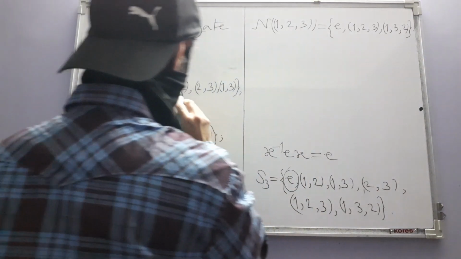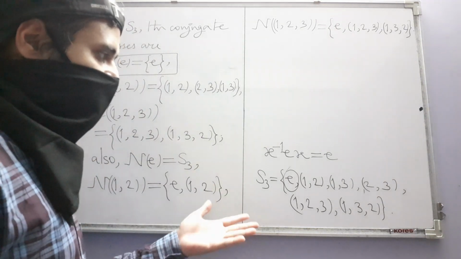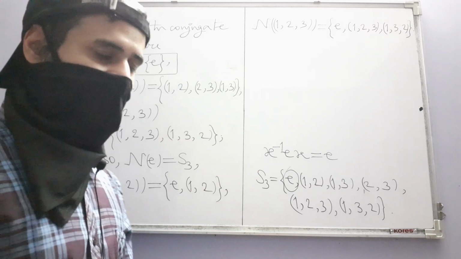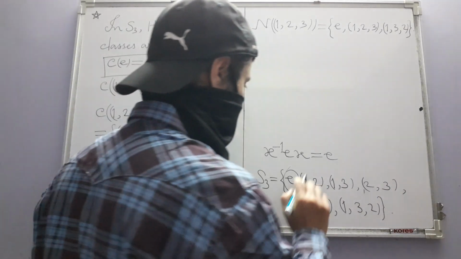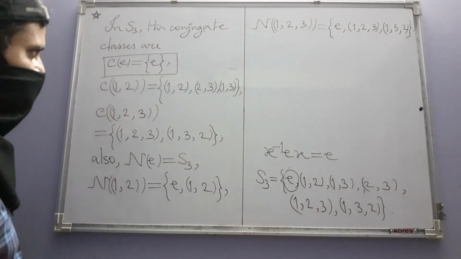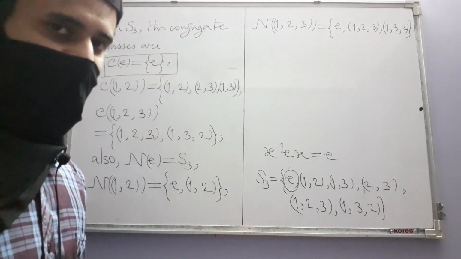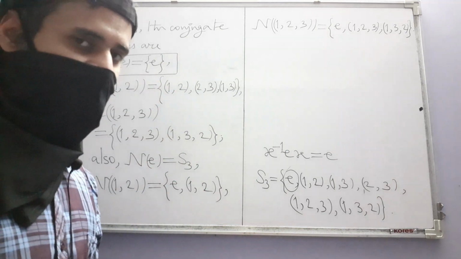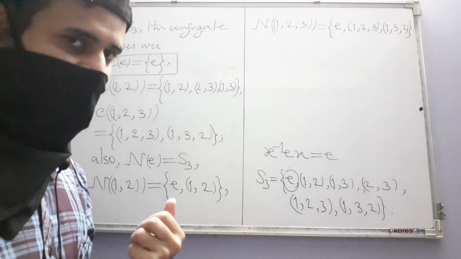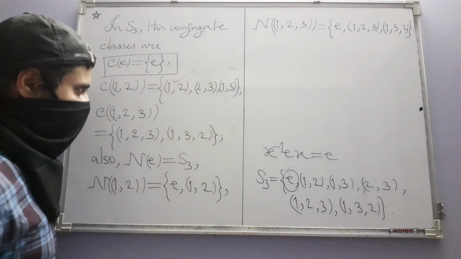Then you look for the conjugate class of (1 2). Because a conjugate class is after all an equivalence class, the conjugate class of (1 2) is going to contain (1 2). No doubt about that, because (1 2) is related to (1 2) as our relation is reflexive. It's an equivalence relation, so you know that this is there.